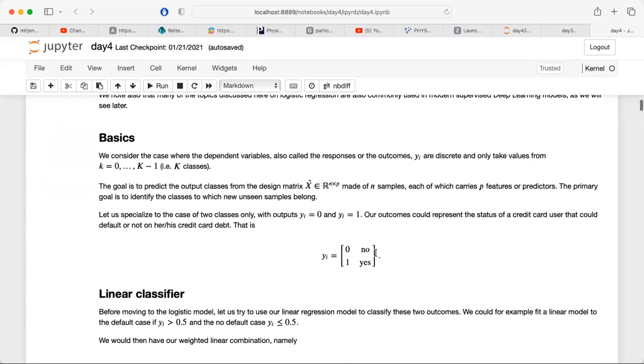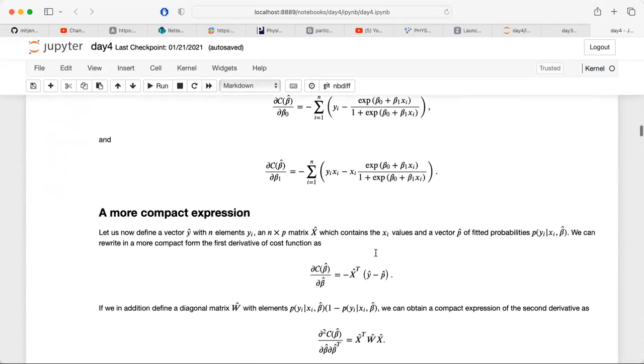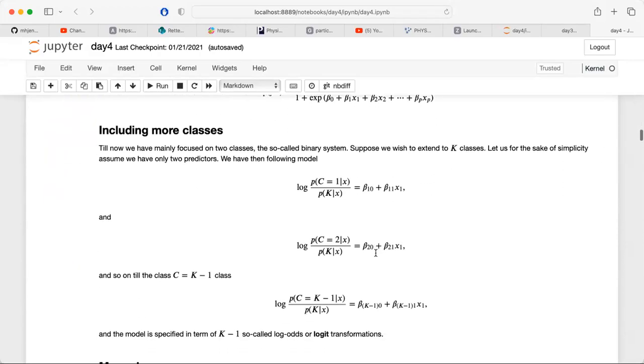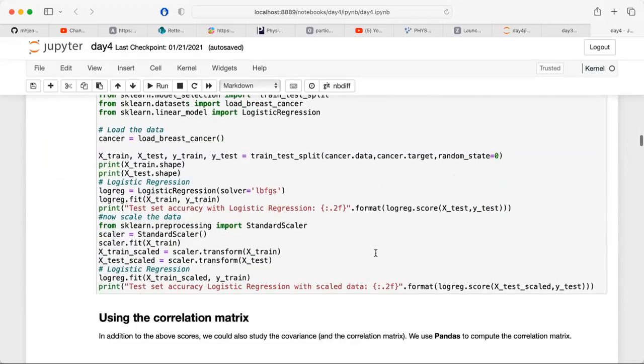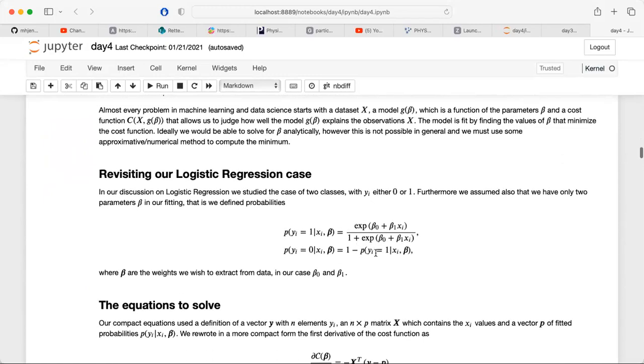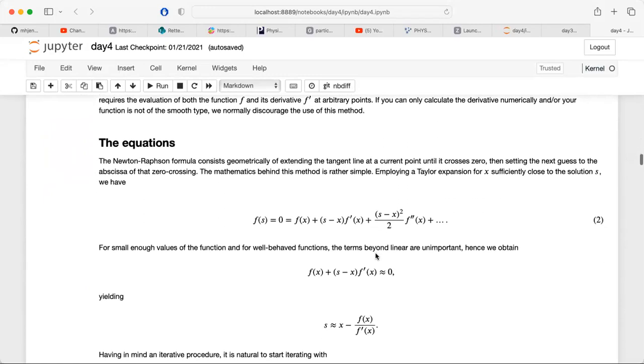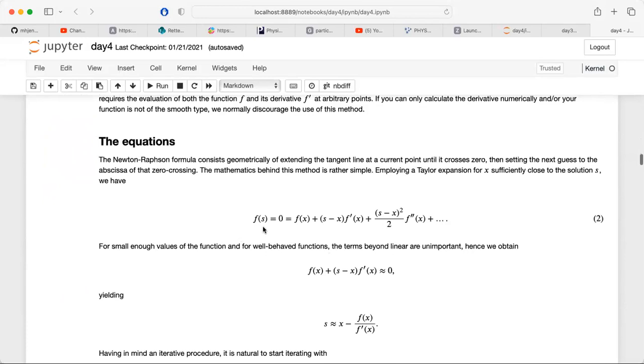If you scroll down, we went through this logistic regression case. Let us scroll down a little bit and look at it. If you now think of making a Taylor expansion around a point s minus x, this is a general formula, right?